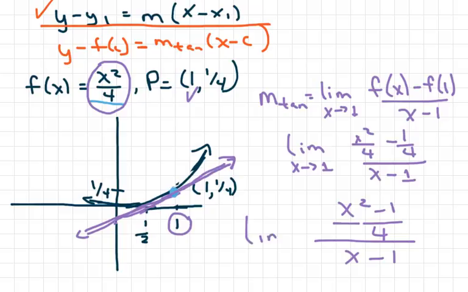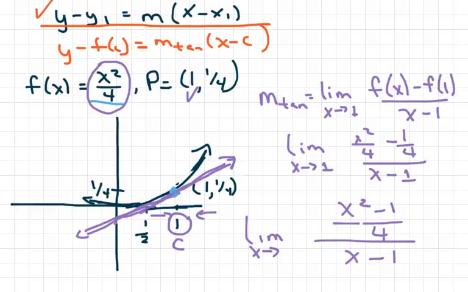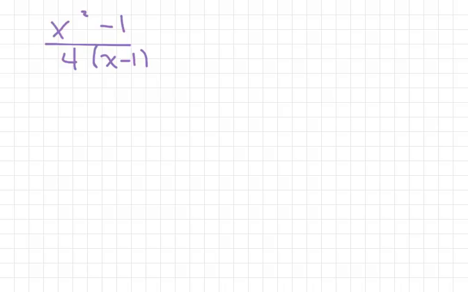We're taking the limit as x gets closer and closer to this value c. Now I'm going to rewrite this as x squared minus 1 over 4 times x minus 1. Basically, we can just bring this 4 down here. Now I'm going to factor.